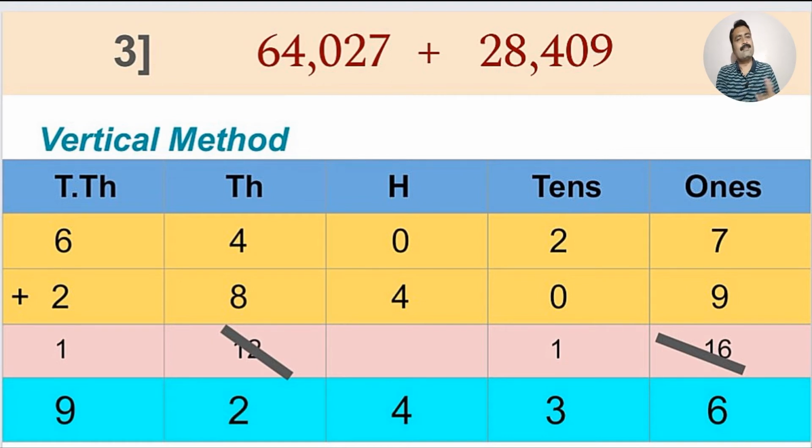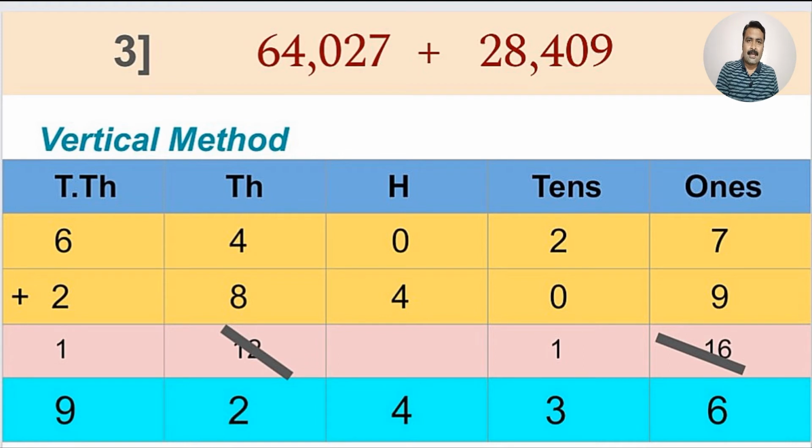Thereafter, let's move towards the thousands column. At the thousands column, the 2 digits given for addition are 4 plus 8. So 4 plus 8 we got 12. Now 12 is a 2-digit number, so we write 2 as the main answer and take 1 as a carry into the next addition.